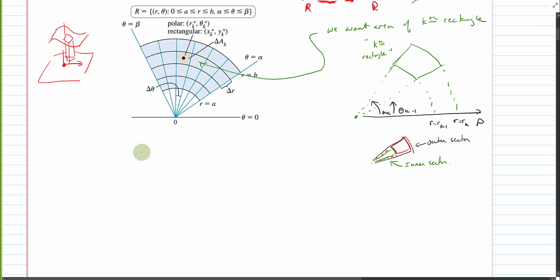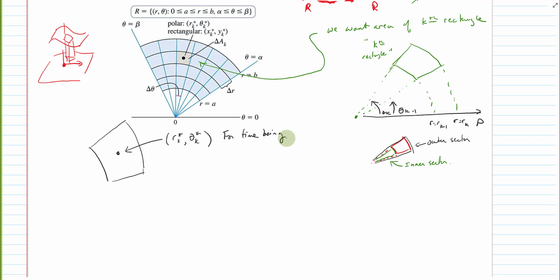From within that kth rectangle, we need to pick a representative point, some r k star, theta k star, from within there. For the time being, because this is the best way to develop this by hand until we get more advanced techniques, we're going to think of that as the midpoint of this region.